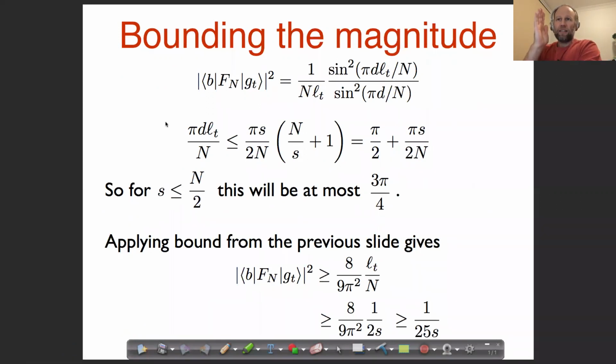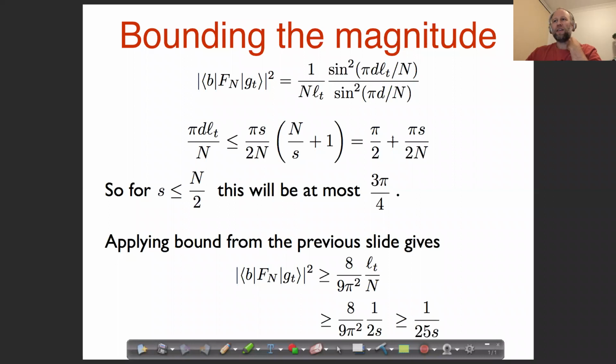So we want to show that this is at most 3 pi over 4L. So what is this? LT is at most n over s plus 1, because it's at most the floor of n over s plus 1. And then d is at most s over 2.